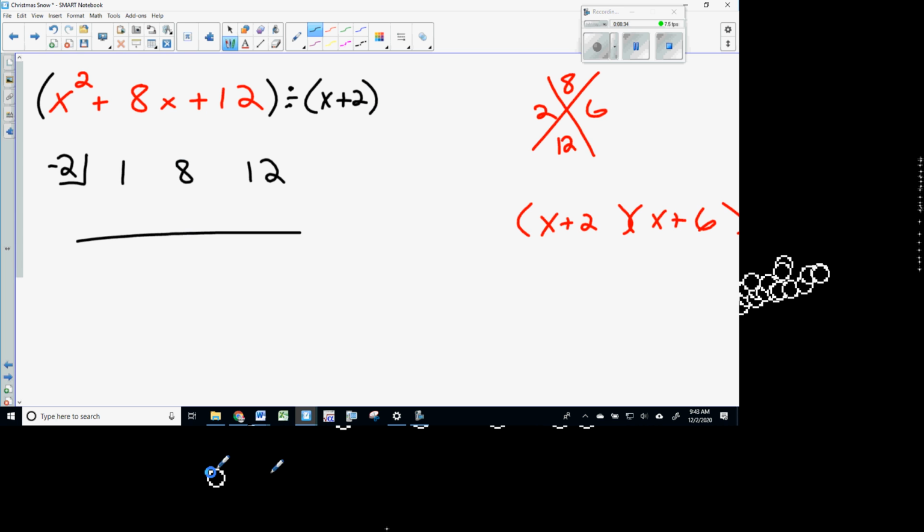Now I drop the 1, I multiply, I add, I multiply. We get a remainder of 0. And what are we left with? We started with x squared, so we drop down and get 1x, which is our other factor. So we had one factor, there's the other once we divide it out.